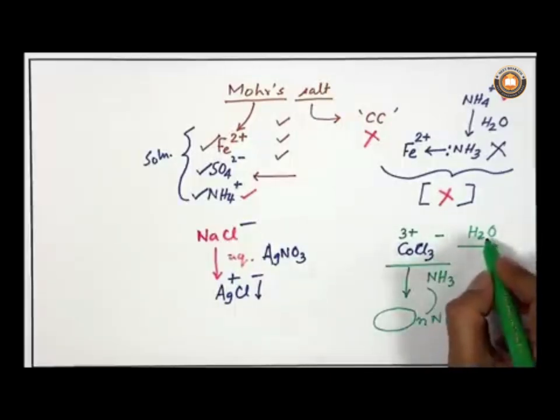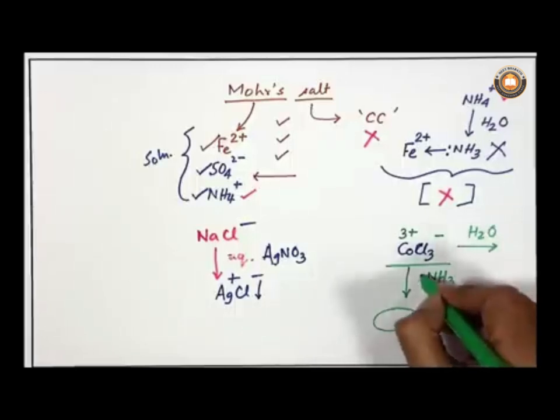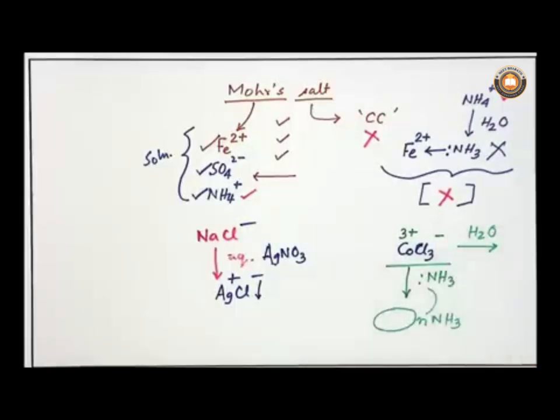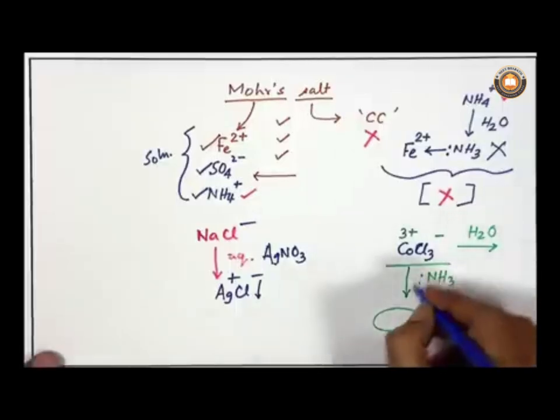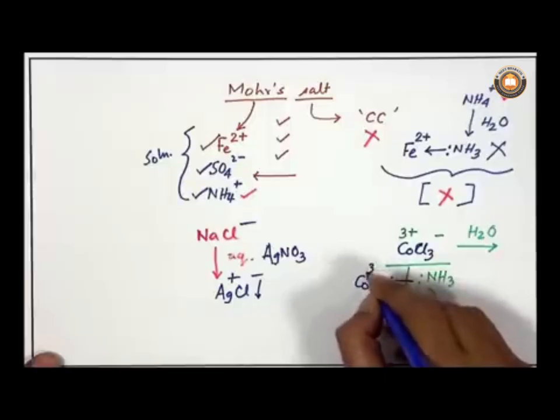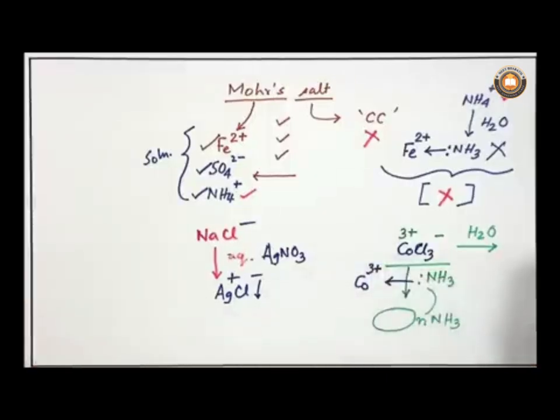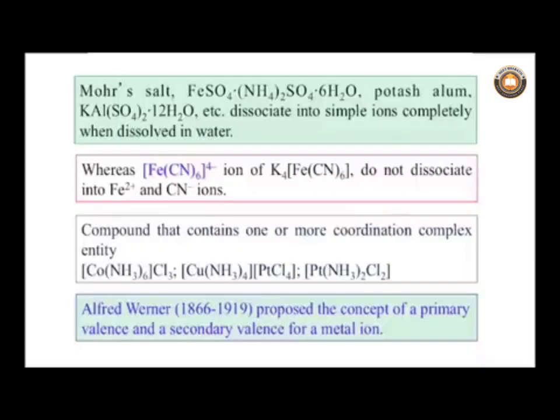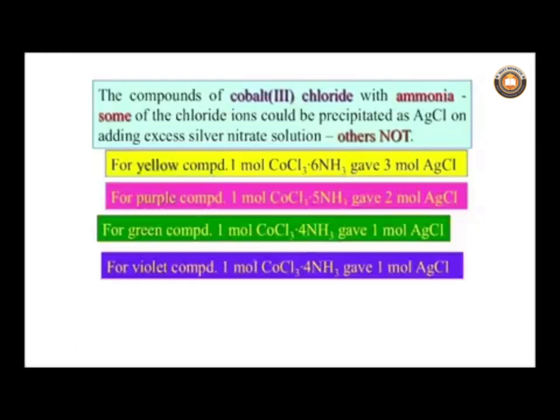Like water, which has a lone pair of electrons, ammonia also has a lone pair of electrons, and if this lone pair can be donated to the trivalent cobalt center, we get species belonging to the coordination compounds. So, the primary valence is the charge neutralization, and the secondary valence of the metal ion comes into play when we have the complex species. These two things we have.